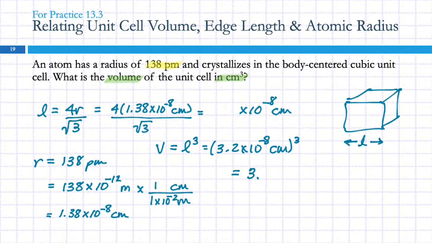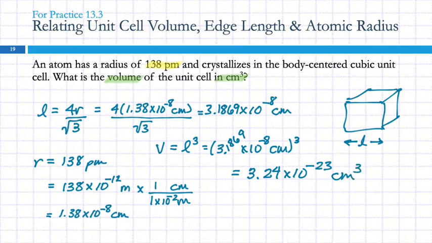Yeah, I thought my calculator was cheating on me. That's actually 3.1869. That looks better. So 3.24 times 10 to the minus 23rd cubic centimeters.